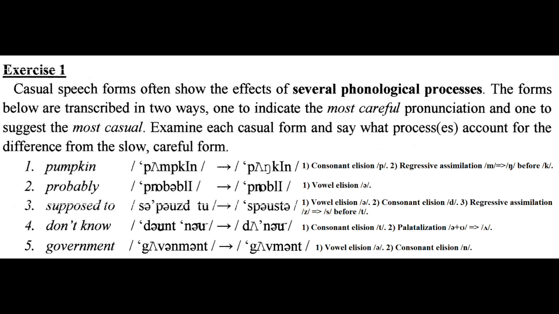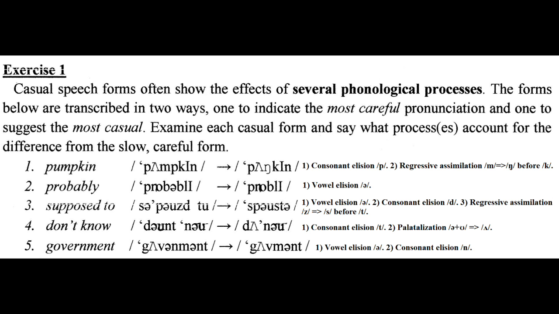Then we will have the consonant m facing the consonant k, which urges another process to occur, which is called regressive assimilation. So this m will become ng before k. Again, the m becomes ng because it is before k.